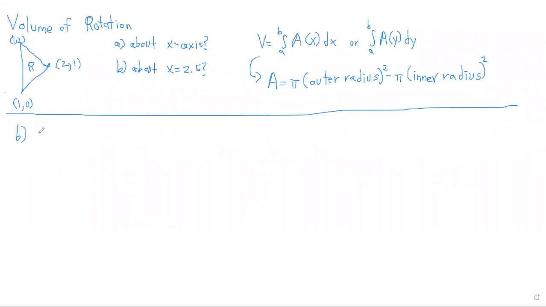So B, it's about x equals 2.5 this time. It's a line. It's slightly different, but the concepts are still the same. As long as you understand the concept in math, no matter what problem you're given, you should be able to do it.